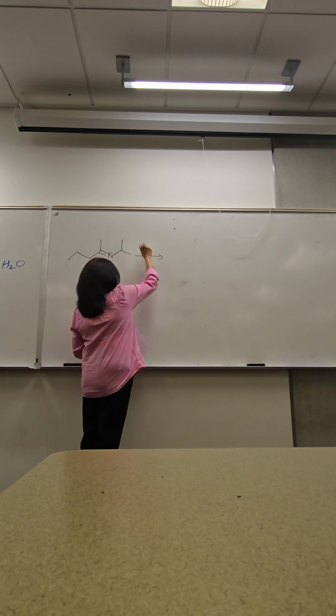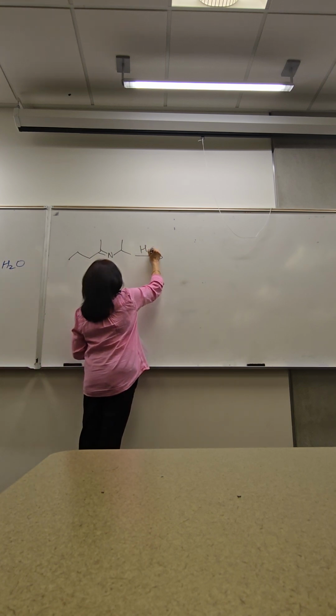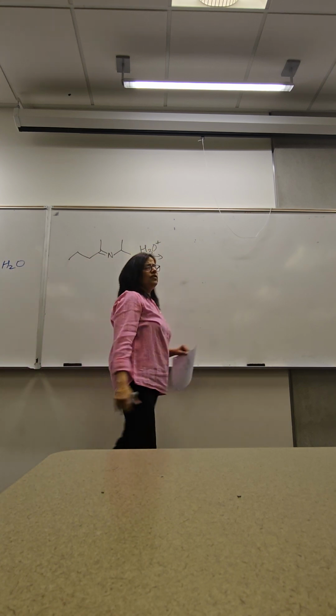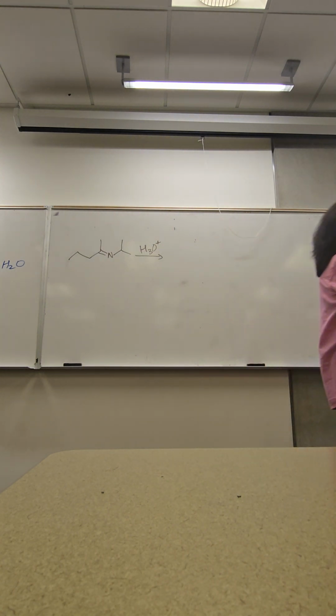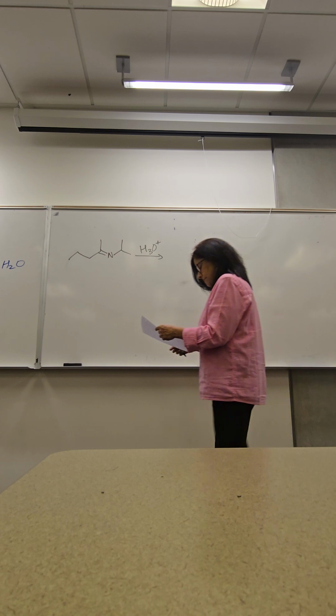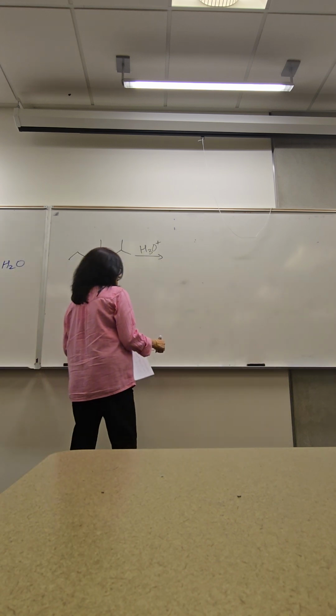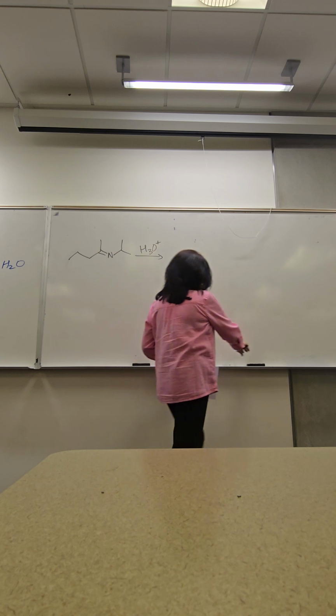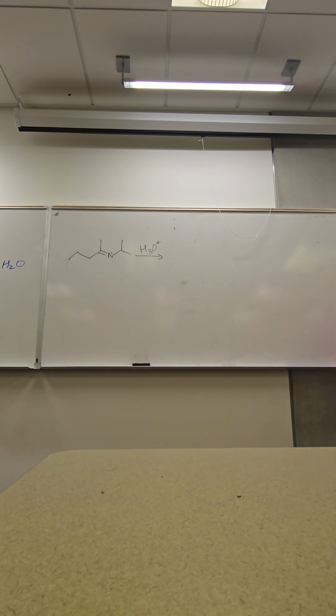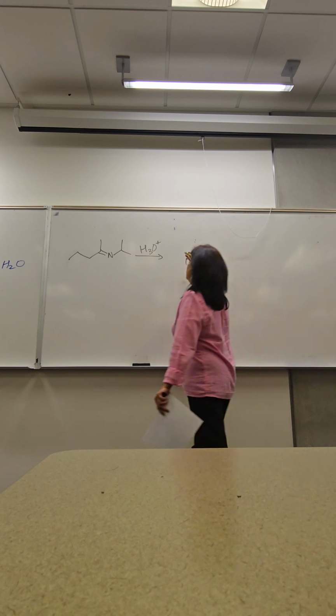Water with acid, or hydronium, dilute acid, whatever you want to call it. They all mean the exact same thing. Can you tell me what would be the outcome? Ketone. Which one? 1, 2, 3. It's 2-pentanone. 2-pentanone, 1, 2, 3, 4, 5, very good.